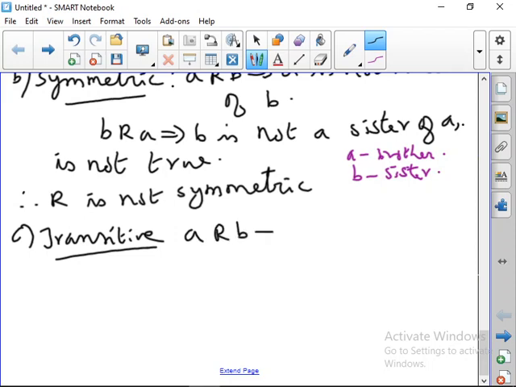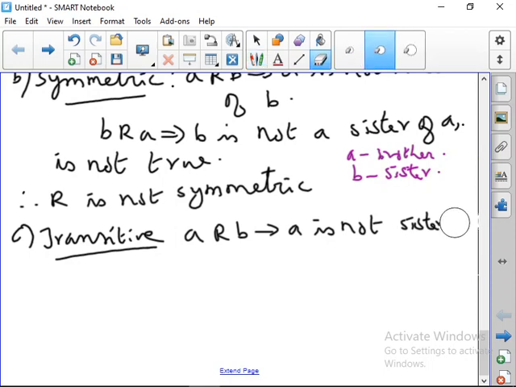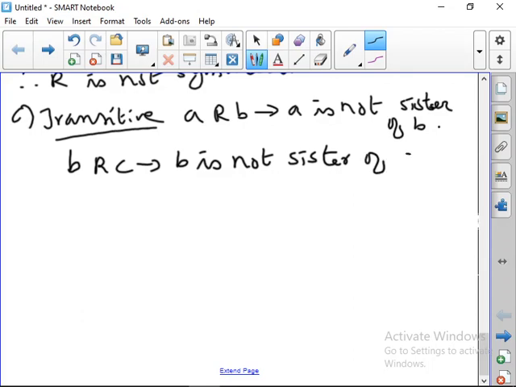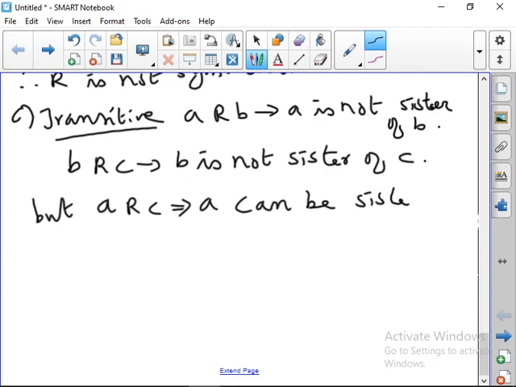A is related to B means A is not a sister of B. Then B related to C means B is not a sister of C, but A related to C means A can be a sister of C.